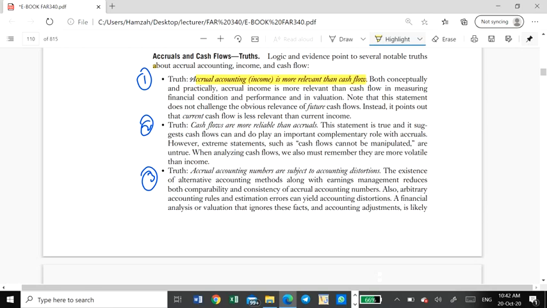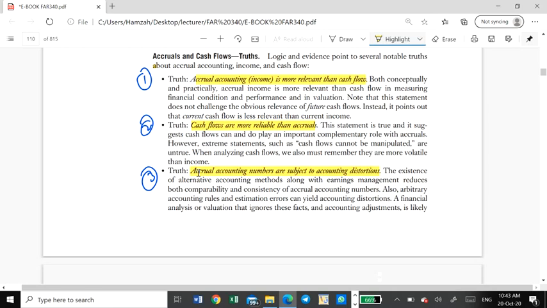Second is the cash flow are more reliable than accruals. Accrual lebih relevan daripada cash flow, tetapi cash flow lebih reliable than accruals. Sebab cash flow tu memang menunjukkan berapa cash yang company ada. So sebab tu cash flow lebih reliable. Kalau accruals ni, you tak boleh nak rely sangat sebab dia based on assumption yang you akan terima duit tu. Okay. So third ialah accrual accounting numbers are subject to accounting distortions.